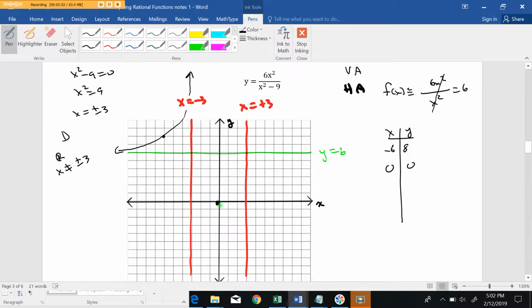Now, what's happening in this region? Let's try negative 2.5 and figure out, is it going down or up? I'm going to run a function value here and see what we get.